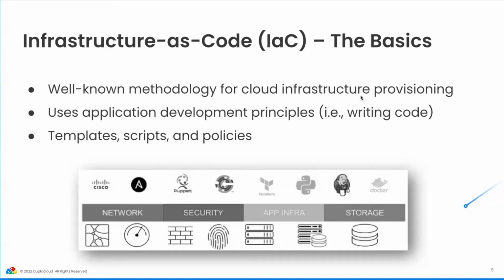Many things can now be done with infrastructure as code. The cool thing is that it uses application development principles. You're writing code, and your code covers everything you want to see in your cloud. We do this with templates, scripts, maybe even policies about what different people running this code are allowed to do. This is the kind of stuff you're used to seeing when dealing with code. And there are many tools.